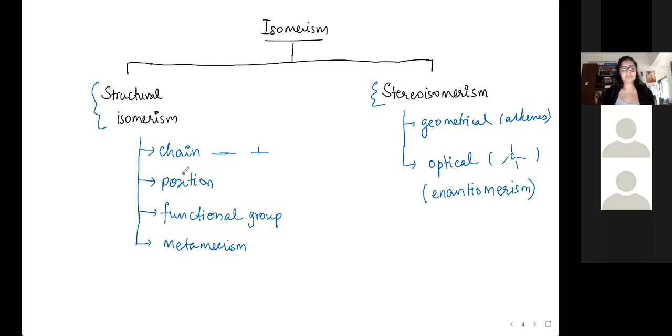Position isomerism, the position of the functional group differs. Functional group isomerism, the functional group itself is different, like alcohols versus ethers. Metamerism, what is attached on both sides of the functional group is different. That's a quick summary of it.